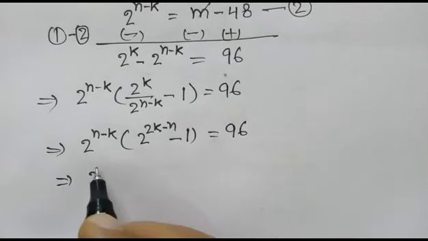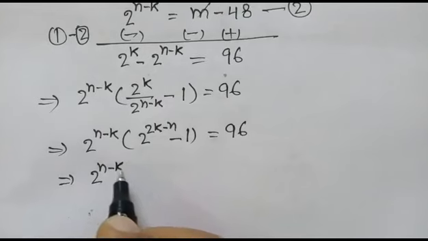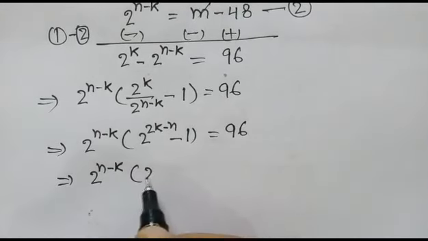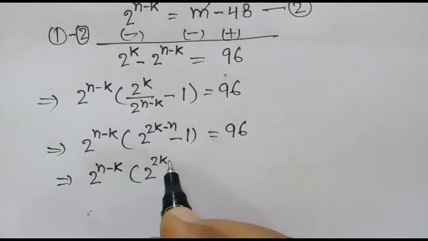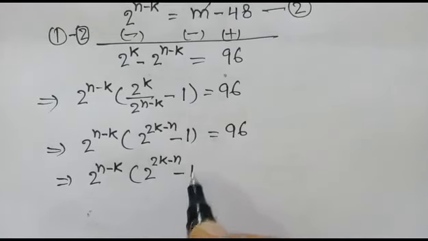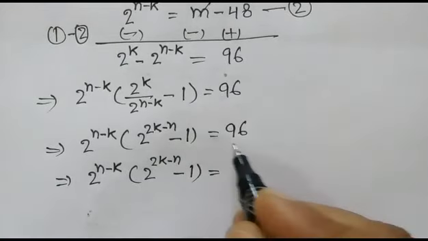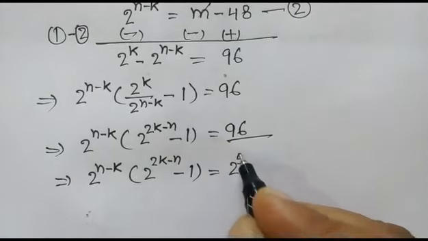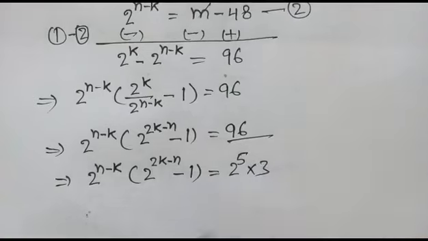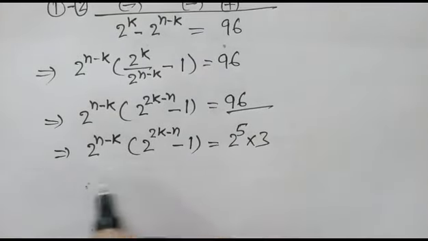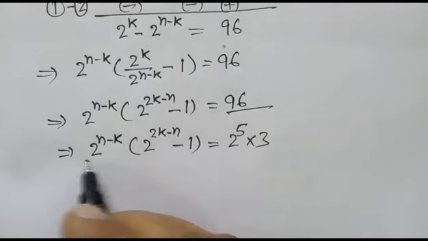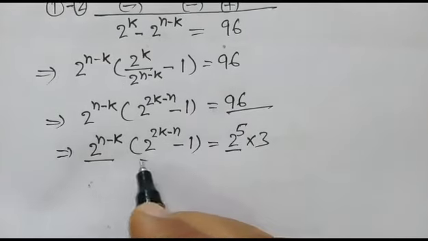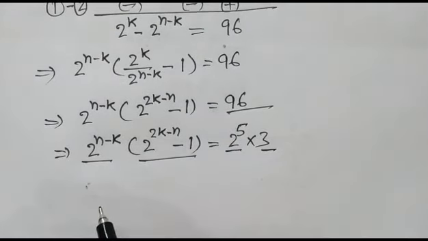So 2 to the power n minus k times 2 to the power 2k minus n minus 1 is equal to 96, which can be written as 2 to the power 5 into 3, right? So we can say this is equal to this and this value is equal to this.